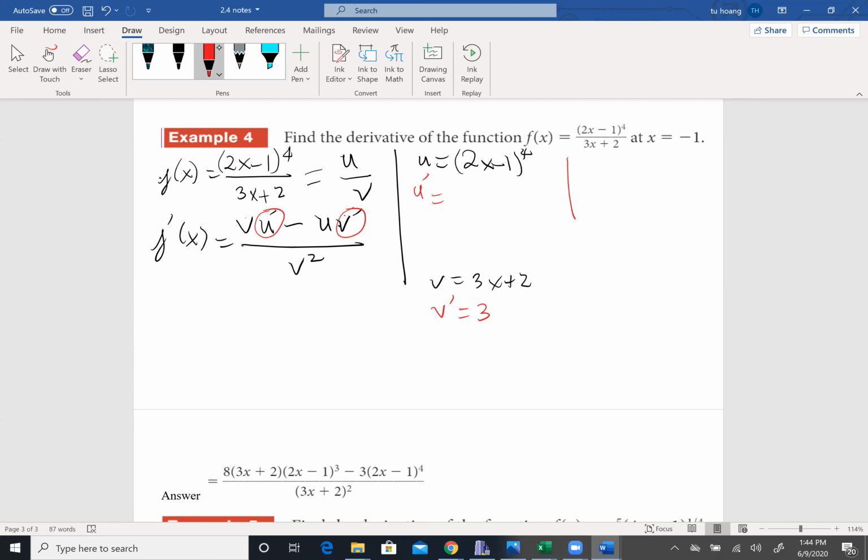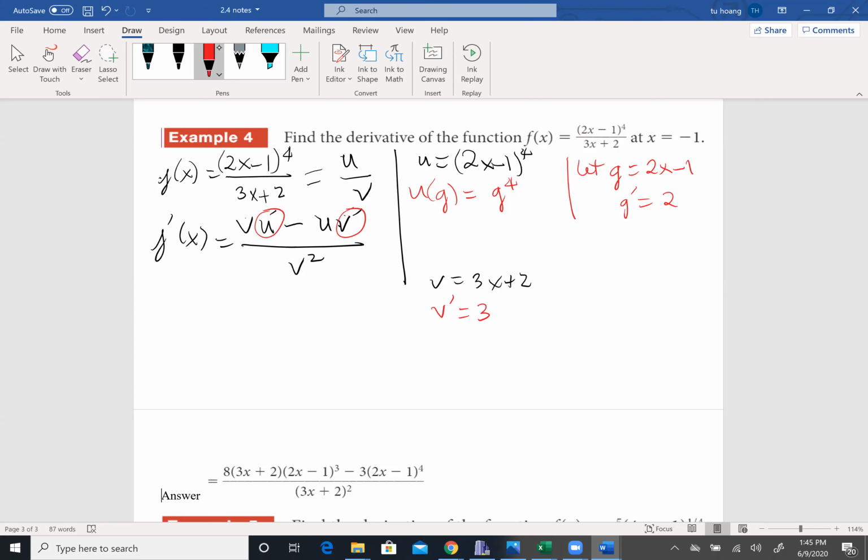Let's say, because I have u already, I'm going to let g equal 2x minus 1, which is the inside function, right? So g prime will be equal to 2, right? So now I need to rewrite u as a function of g, which is g to the power 4, right?